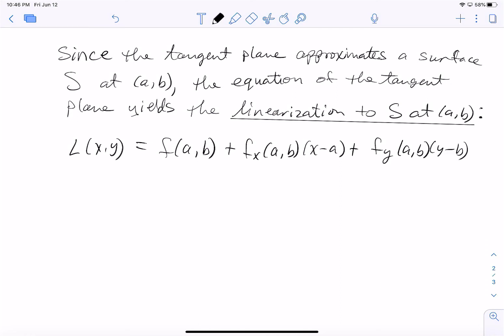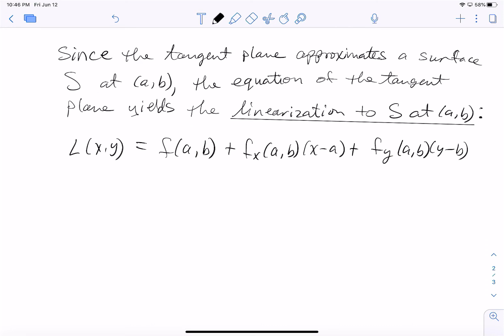If you compare this to the equation of a plane that we just came up with, basically here you have your z on the left and a z naught on the right, and then the rest of it is just, instead of x naught, y naught, we have a and b.